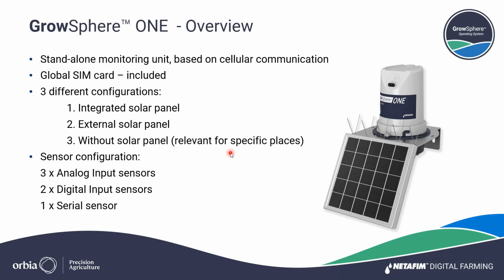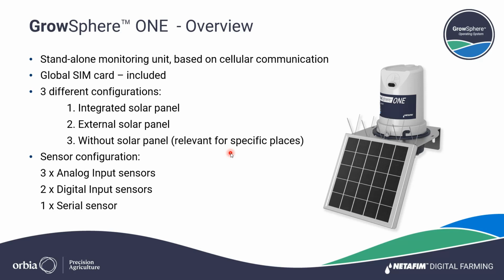Otherwise, you cannot use the device. Now, the One is provided with a SIM card, a global SIM card. We have the One with 3 different configurations. You can have it with the integrated solar panel, as seen in this picture, you can have it with an external solar panel.